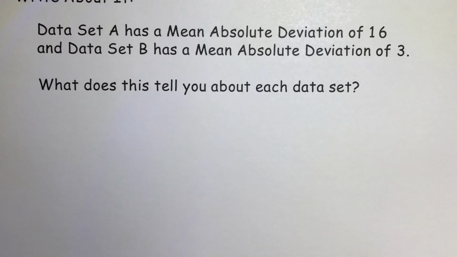And what we're realizing is that just like with range and interquartile range, when we have a mean absolute deviation that is small, that indicates that the numbers are close to their mean.